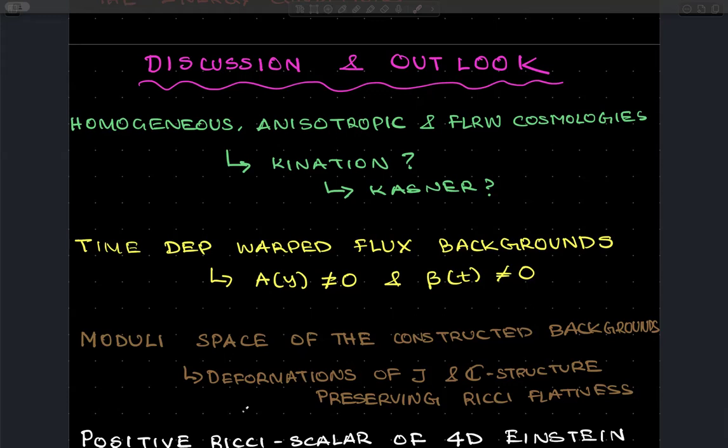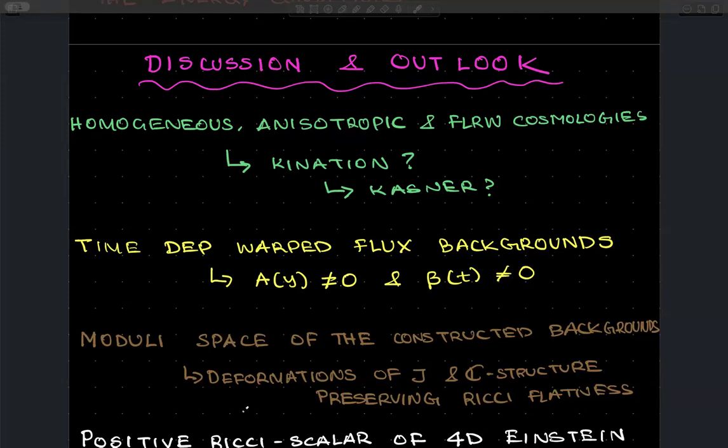And the Ricci flatness actually forced us to take the two forms in the internal space to be proportional to the Kähler form. And that gave a restriction on the internal manifold, which becomes a Ricci flat Kähler manifold. And this is common to all of the constructions.